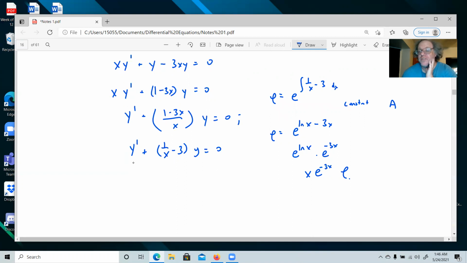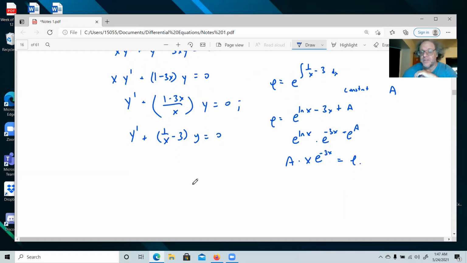Oh, plus, we forgot. I was going to be careful, and then I completely blew it off. There's a plus a here too, because I integrated. So plus e to the a. I'm just going to say that e to the a is just a. So that's my integrating factor. We're going to multiply this on both sides.